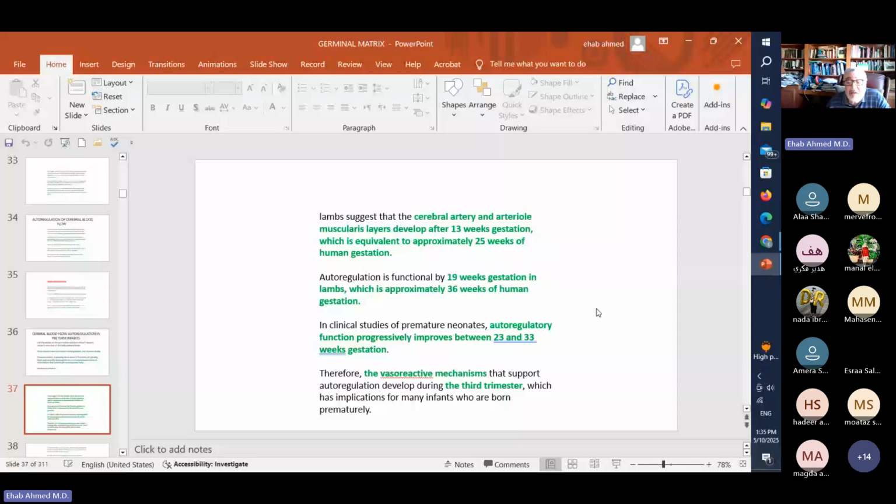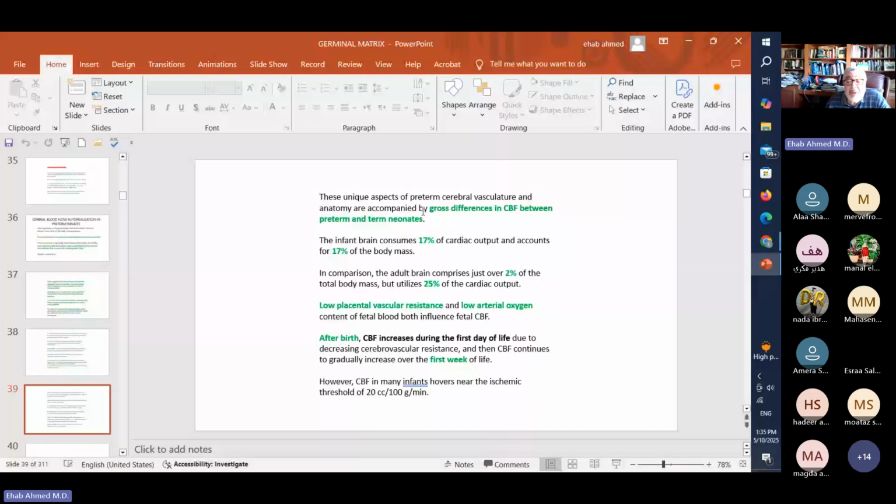Compared to the adult, the brain of the baby is 17% of the body mass and receives 17% of the cardiac output, compared to the adult, where the brain mass is 2% and the blood supply is 25% of the cardiac output. So from the get-go, the cerebral blood flow of the term baby compared to adults is already on the borderline.